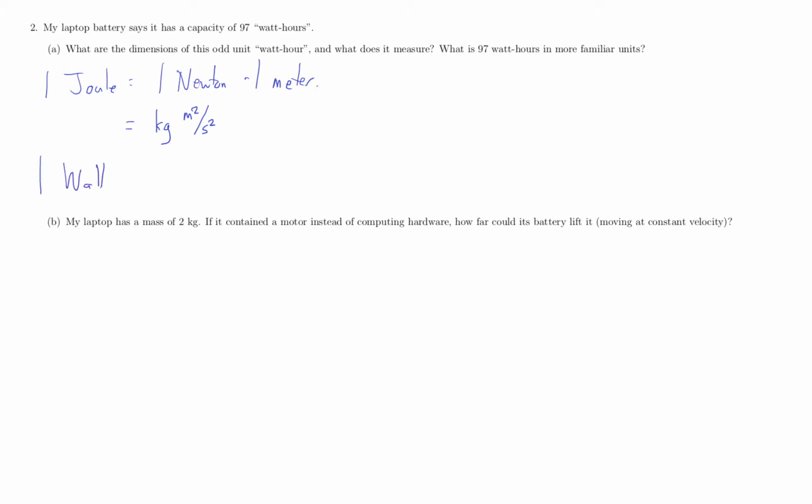So 1 watt is 1 joule per second. If you care, this is also a kilogram meter squared per seconds cubed, although it's very rarely helpful to think of it that way.